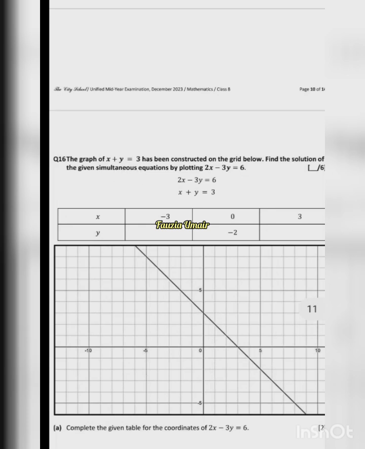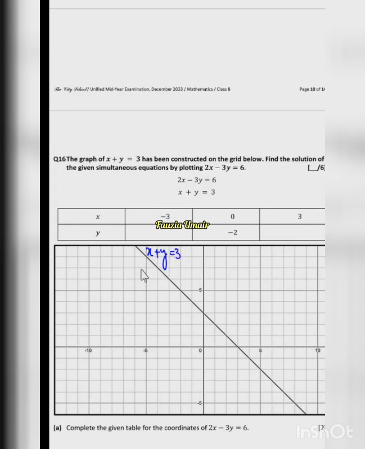So understand the question first so that you are able to solve it easily. This is a 6 marks question in the paper. So the question is, the graph of x plus y is equal to 3 has been constructed on the grid below. So basically this line is a graph of x plus y is equal to 3.